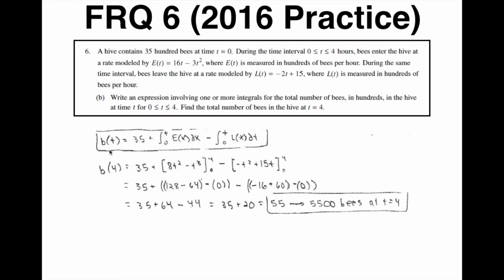This is the correct expression. The number of bees is the number of bees I have at the beginning, which is 3,500, plus the integral of the number of bees who enter, and then I subtract the integral of the rate at which they are leaving. This is from 0 to 4. So nice.